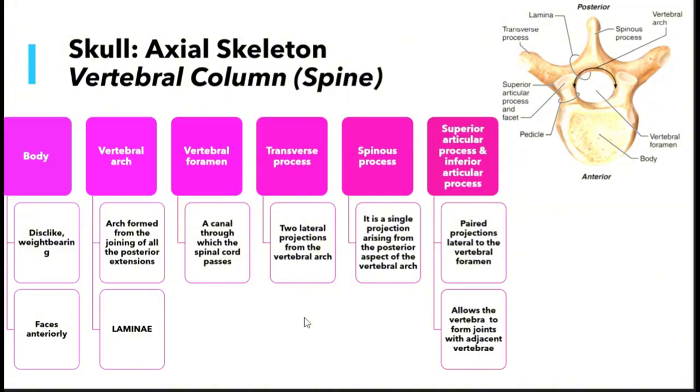Each vertebra has these basic features or markings, and these are the characteristics of these markings. In the body, our centrum is the disc-like weight-bearing portion of the vertebra. You also have the laminae, an arc formed from the joining of the vertebral body.